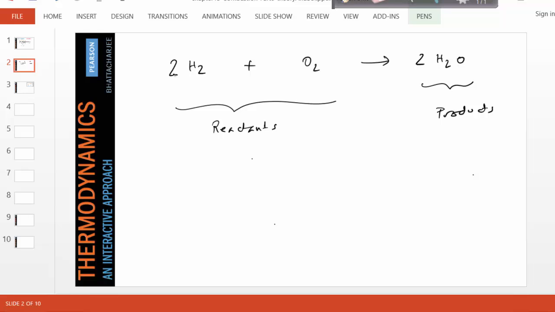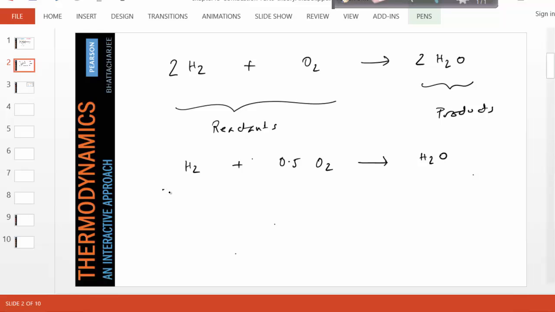Okay, now that we understand that meaning, the second thing we do as a combustion engineer is that we identify the fuel, hydrogen in this case, and we always express a reaction in terms of a single kilomole of fuel. In that case, we can divide the whole reaction by 2 and write it like this.